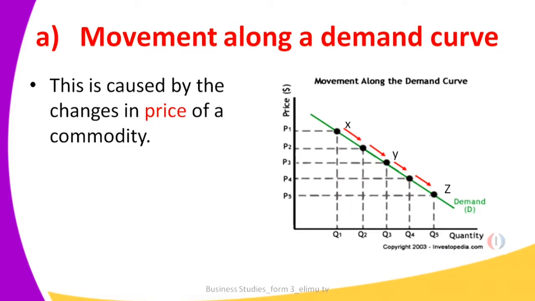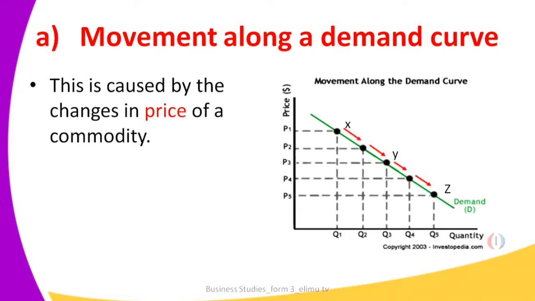When there is an increase in price, there is a movement along the demand curve from point Y to point X. On the other hand, if the price decreases from P3 to P5, remember at P3 it is at point Y, the quantity demanded increases from Q3 to Q5, and therefore the movement along the demand curve is from Y to Z. And that is how we explain the movement along a demand curve.